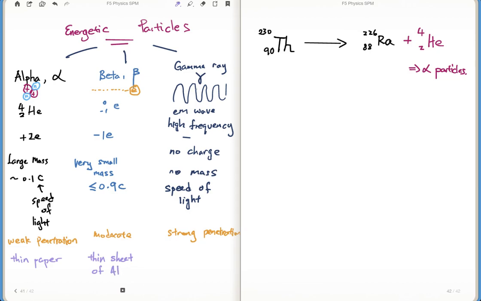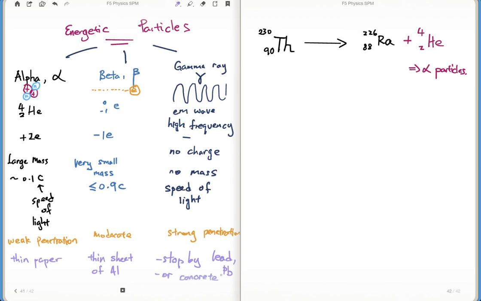Now, in order to stop gamma ray, like normally when you go for X-ray, you need to wear a very thick, a few centimeters of lead, isn't it? Stopped by lead, or a very thick concrete.